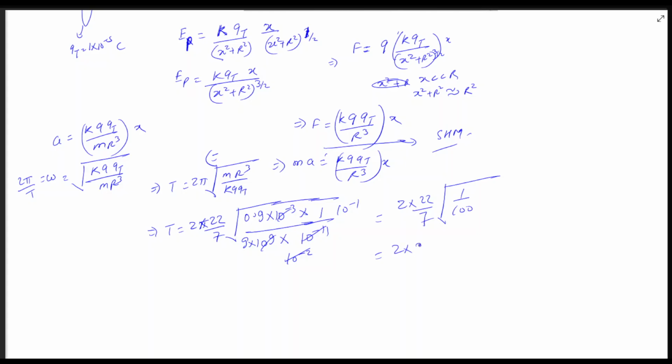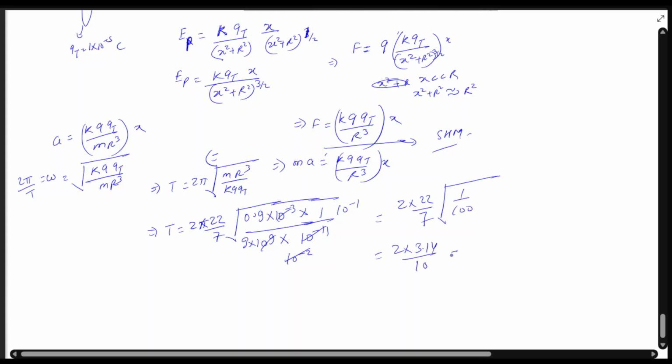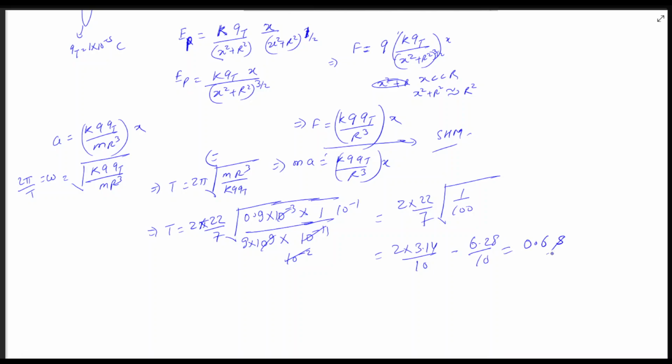So this into 3.14 divided by 10. So we will have 6.28 by 10. So it will be 0.6 seconds, right? So this will be our answer. So let me just check it. So it is 0.628, right? Perfect.